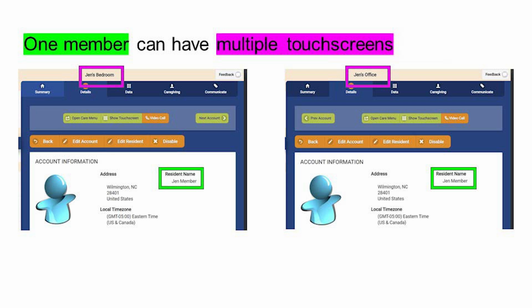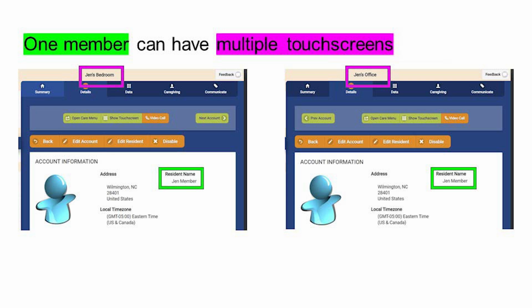And in this example here, you have a single resident who we fictitiously named Jen Member. And the resident Jen Member has two touchscreens in this case.